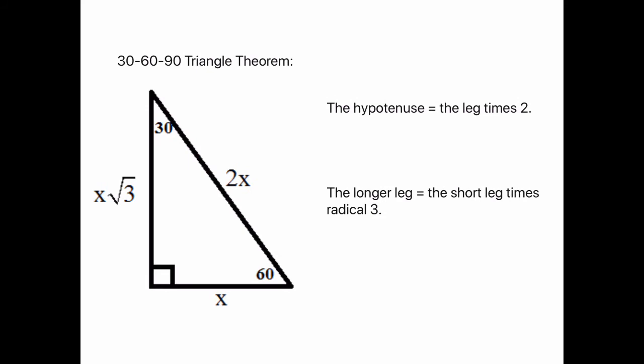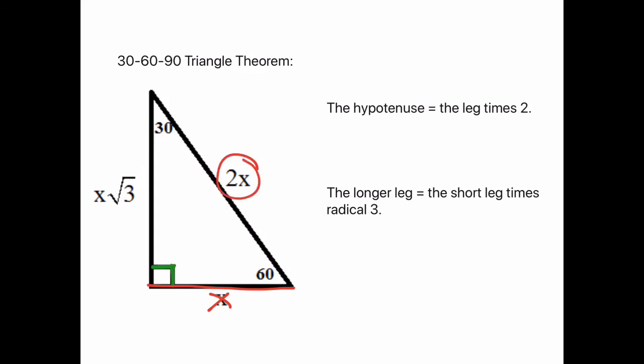Our last special triangle is called a 30-60-90 triangle. So once again, we have a 90-degree angle, and then we have a 30-degree angle, and the other angle would be a 60-degree angle. This one is a little bit more complicated than the 45-45-90 triangle because this is not an isosceles triangle. So if we begin with the short leg, and we call that x, the hypotenuse will always be twice that.